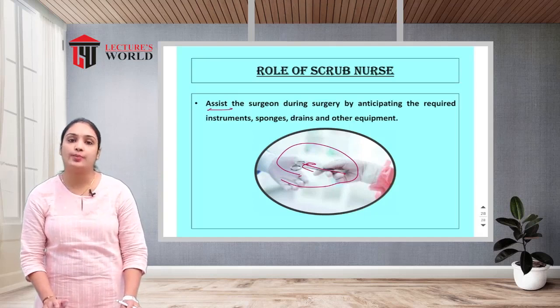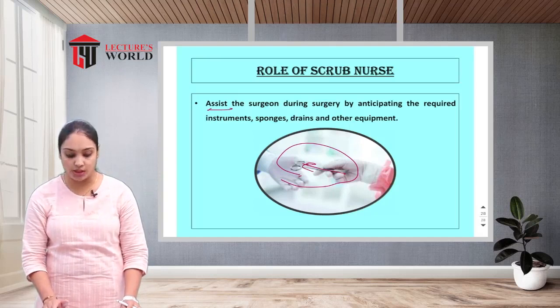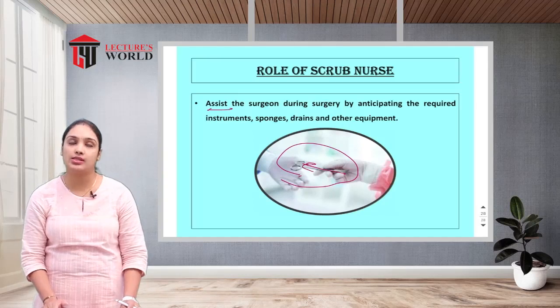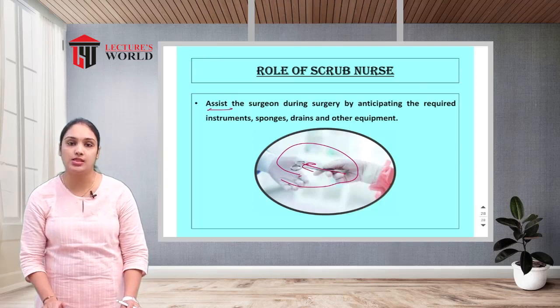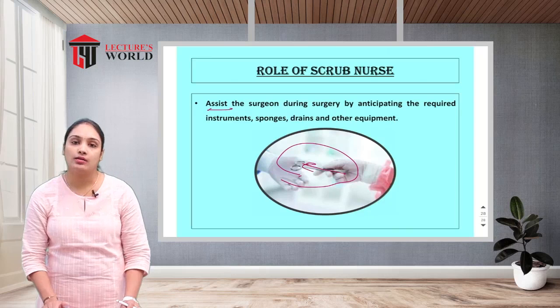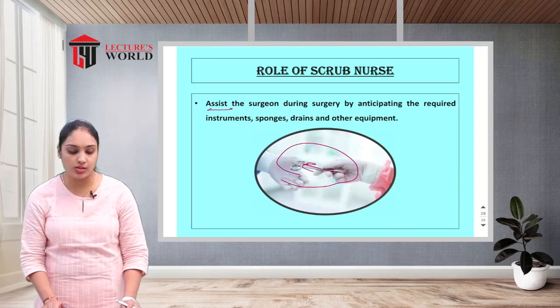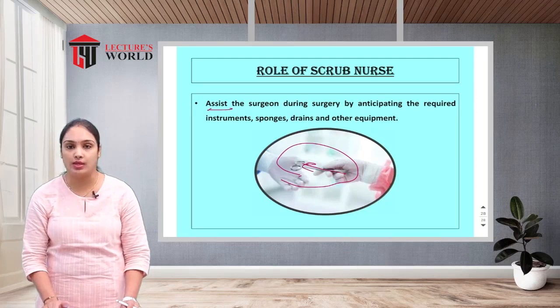Then we discussed the personnel working in the operation theatre: the anesthesiologist, anesthetic team, surgical team and nurses. Among nurses, mainly two types work: the scrub nurse and the circulatory nurse. So this is about the intraoperative care. Thank you.